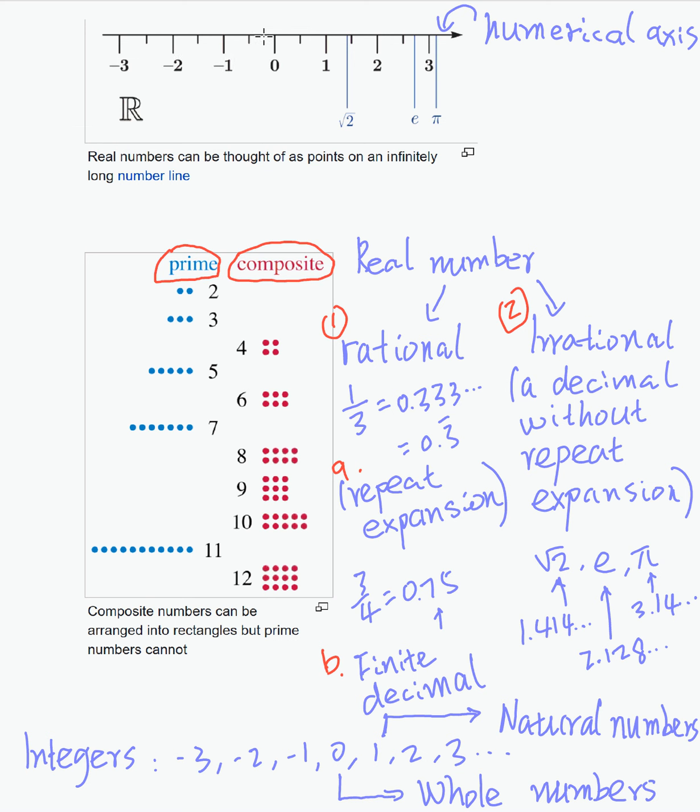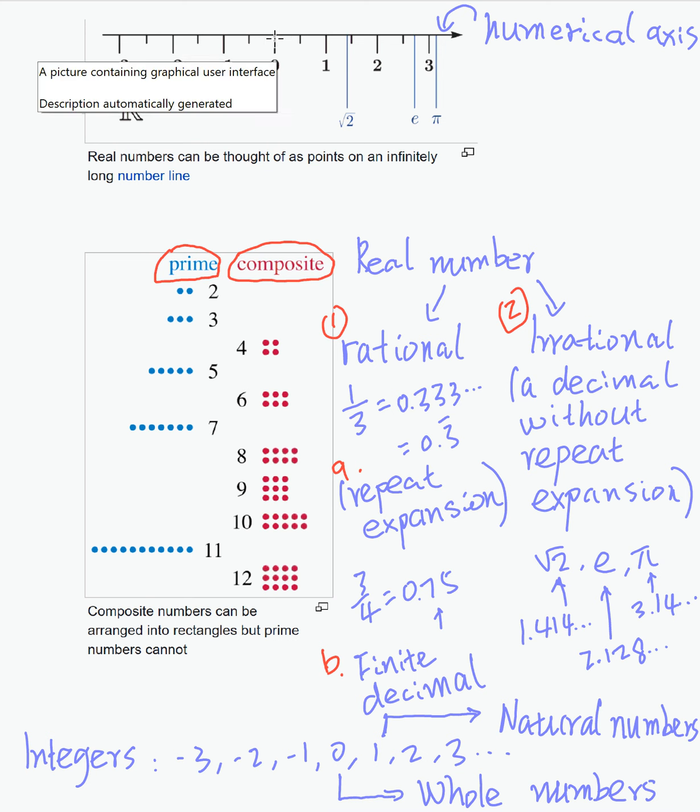And between 0 and 1, we mark the middle, that will be 1/2. So you can see which one is bigger. 1/3 is roughly here because you divide 1 unit from 0 to 1 into 3 parts and then choose 1 part.